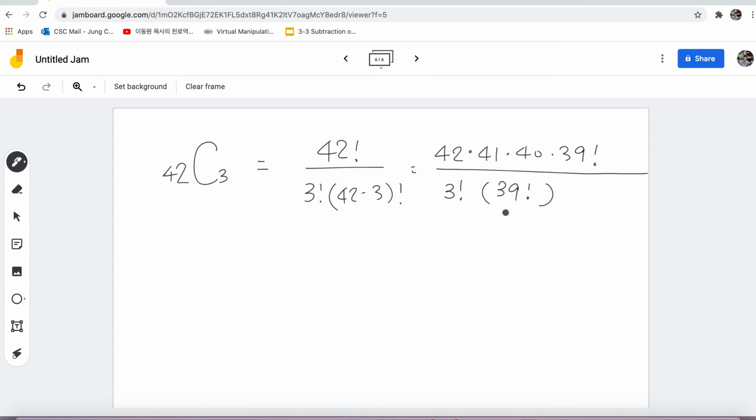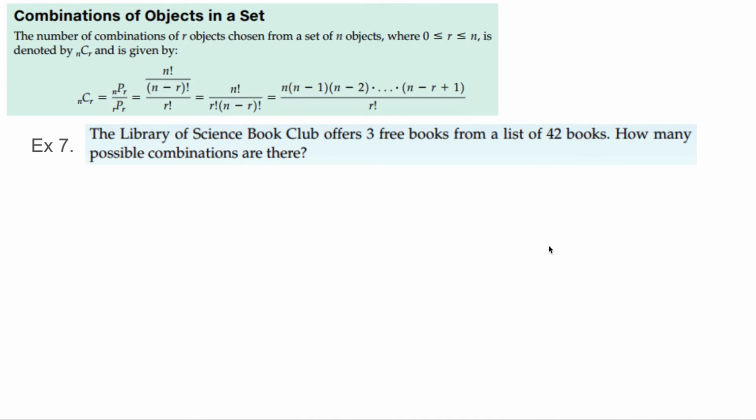We can stop here because we can cancel these two out. That makes our life so much easier, right? 42 times 41 times 40 over 3 factorial, which is 3 times 2, or 6, and you can see 6 divides 42 as well, so 7 times 41 times 40 is 11,480. Okay, so we can easily find that.